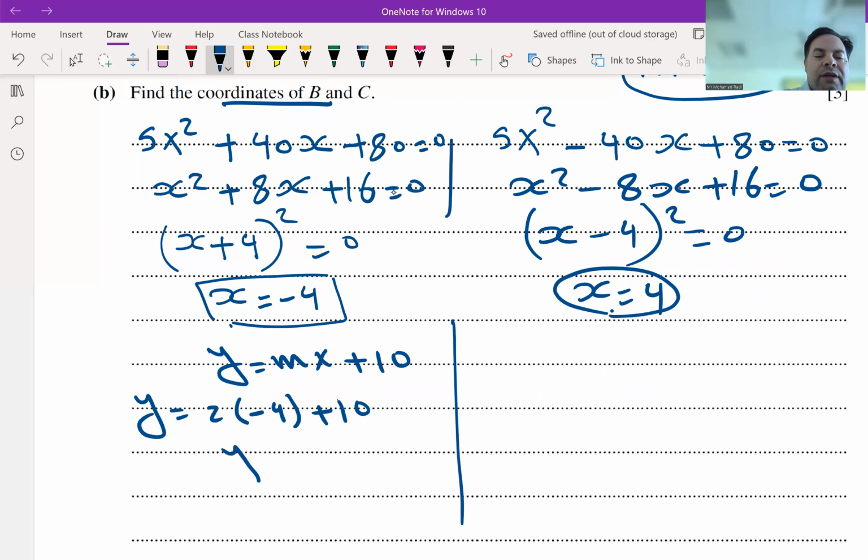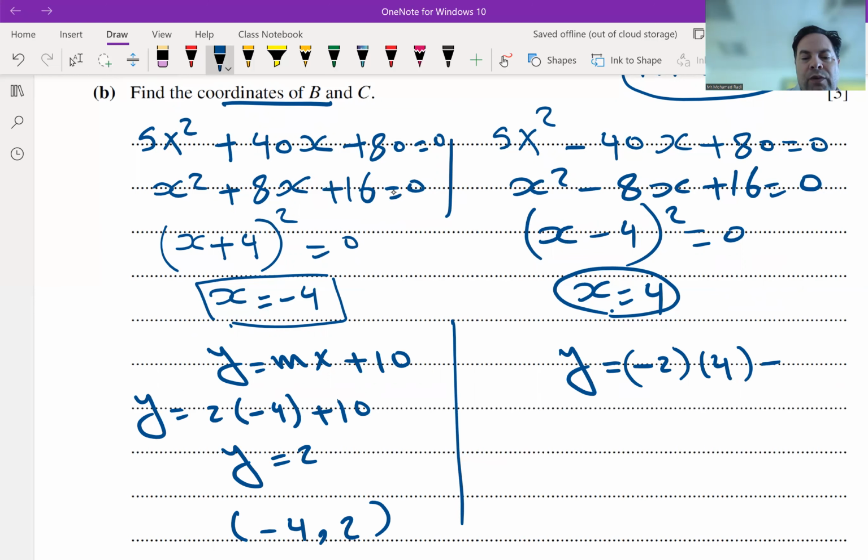Simplify, so y is equal to 2, so the coordinates of the point are (negative 4, 2). If x is equal to 4, m is minus 2, times 4, plus 10, so y is negative 8 plus 10, which is 2.